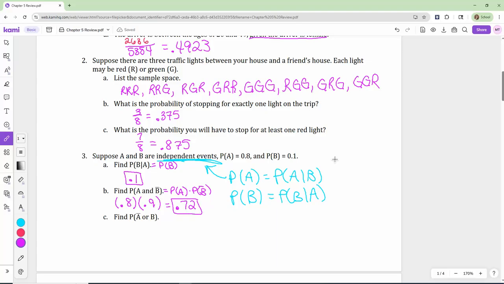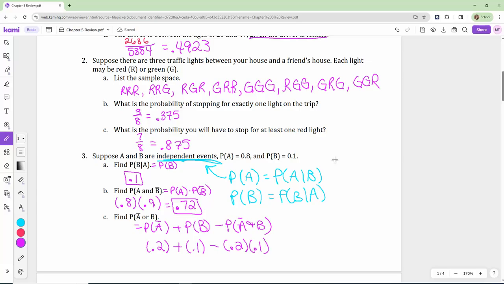Okay, find the probability of not A or B. Or means what? Add. So it's the probability of not A plus the probability of B minus the probability of both. What is the probability of not A? What's the probability of B? How do I find the probability of not A and B? 1 minus probability of A is 0.2, and you would have to multiply that by 0.1.